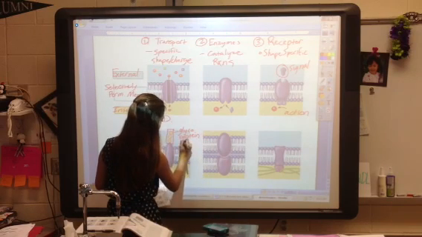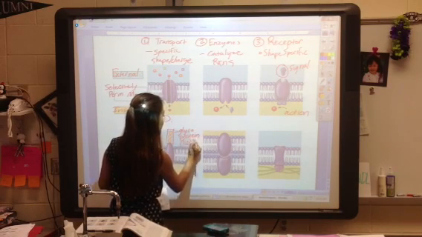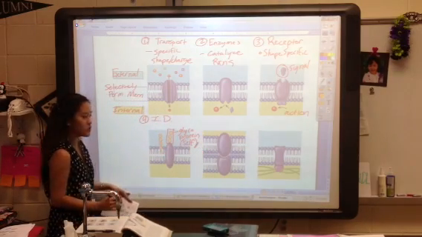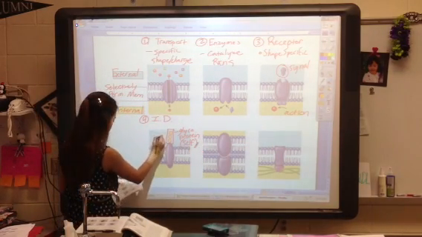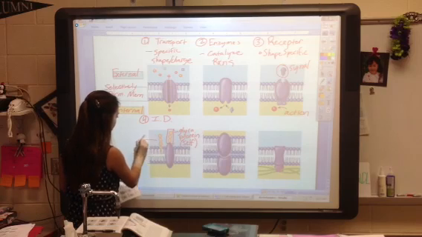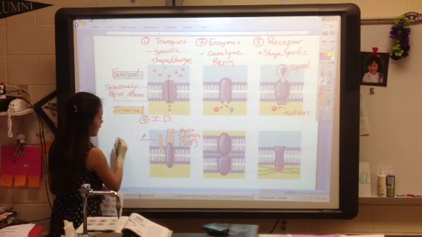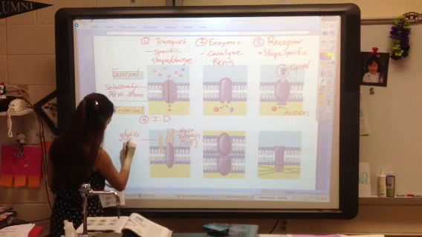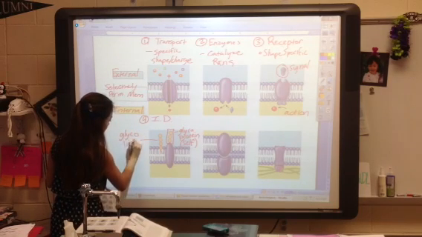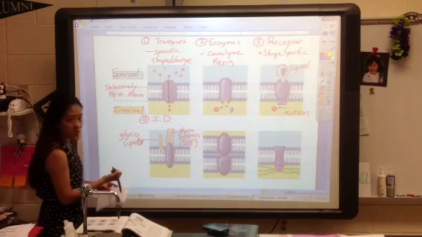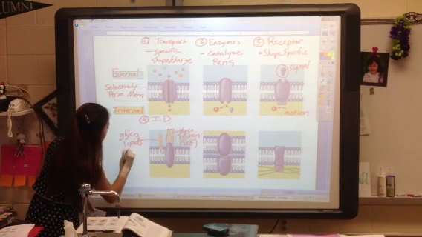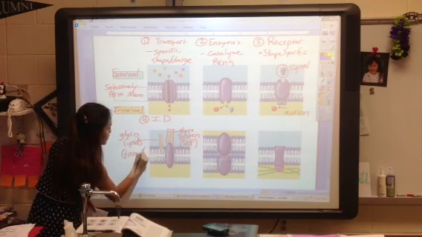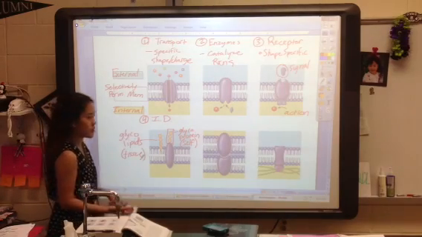Glycoproteins allow the cell to recognize itself, self-to-self cells, which is important when we think about the immune system. And then we also have those carbohydrate chains that are attached to our lipids, and we call those glycolipids. And glycolipids, we'll talk about more later on, are going to recognize tissues, so recognizing blood type within the red blood cells.